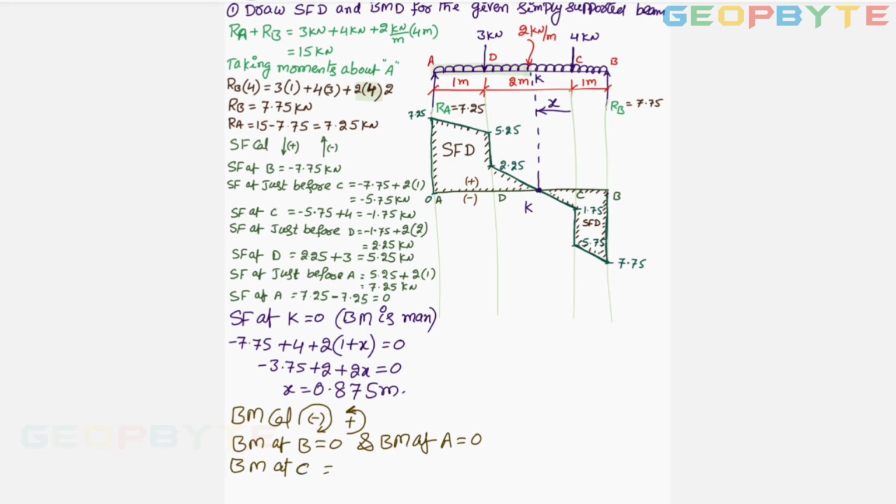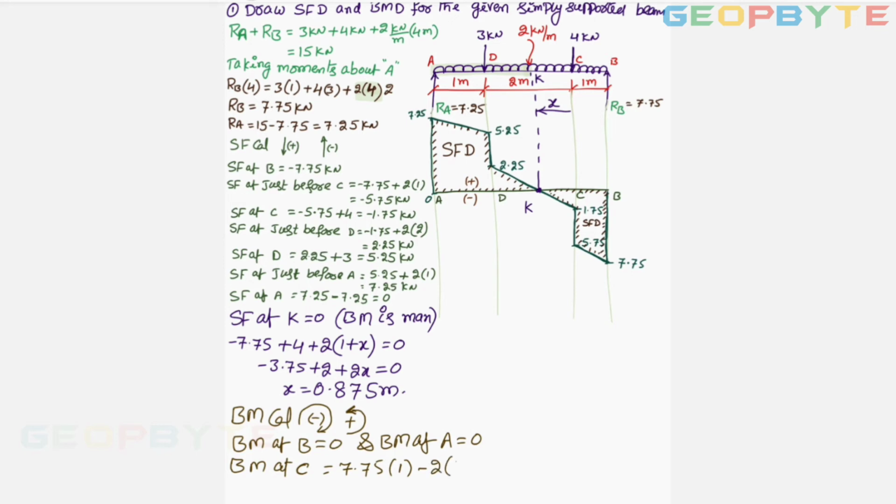BM at C equal to, at C one reaction effect is there, one UDL effect is there. 7.75 into 1 is developing the anti-clockwise moment. Anti-clockwise moment is positive, minus UDL multiplied by UDL distance.